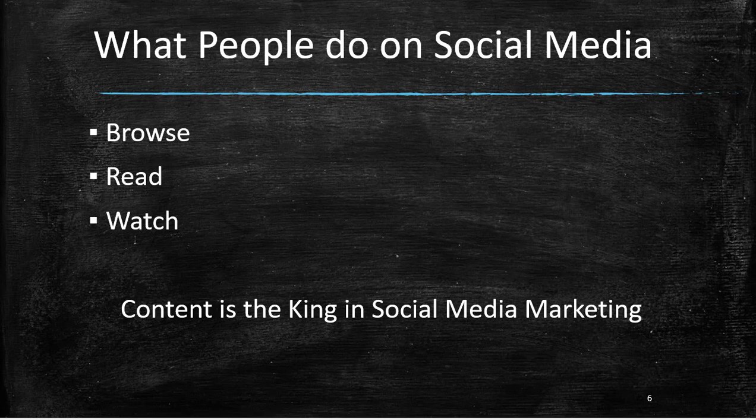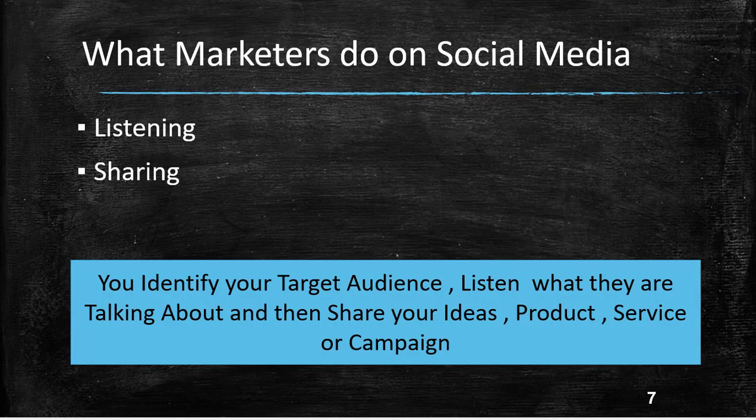Users will not spend time on your content. They will not be watching your content, reading your content, or browsing your content. If you want to be successful on social media, it is very necessary for you to spend time on designing and developing your content.